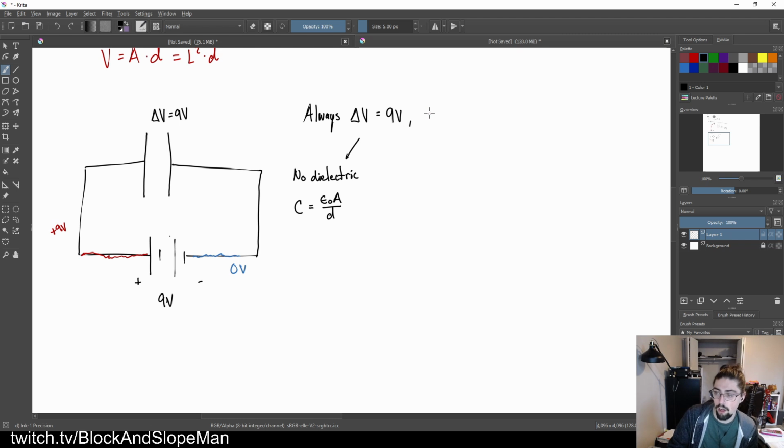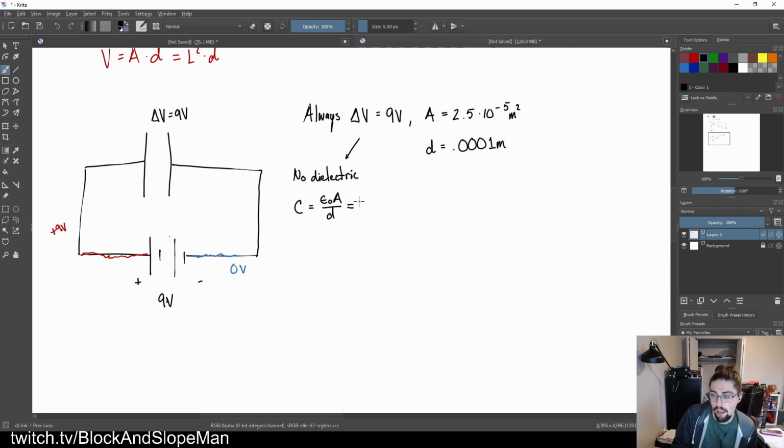So let's add on to our list of always things. My surface area is going to be something like 2.5 times 10 to the negative 5th square meters. My separation distance D is going to be 0.0001 meter.